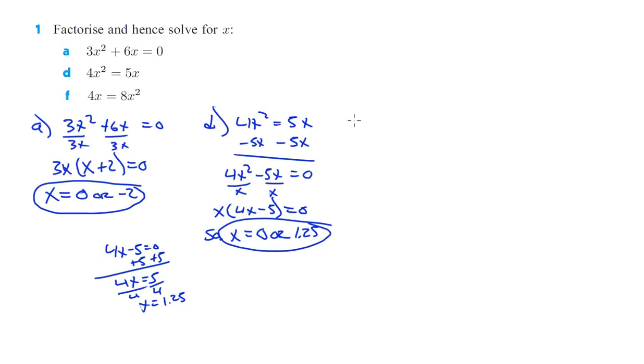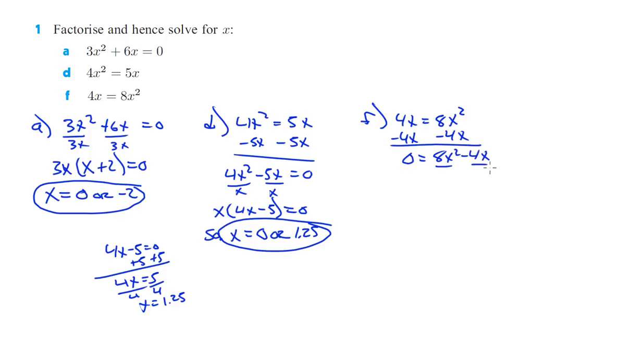Okay. And then our last one on this one, F, 4x equals 8x squared. I'm going to move my 4x to the right side just so we can keep the leading coefficient positive. Doesn't matter. Either way will work just fine, but we get 0 equals 8x squared minus 4x.